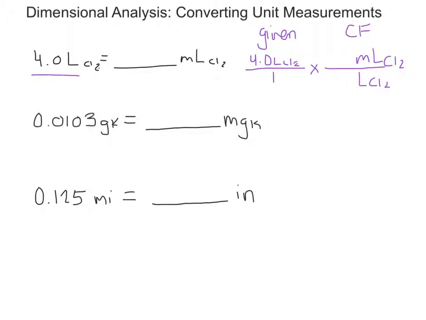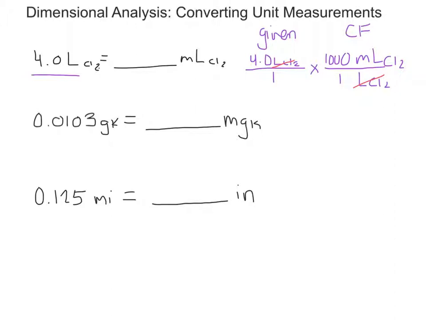So that's what this conversion factor is going to be. There are 1,000 milliliters in 1 liter. So these two values are equal to each other. It may not look like it, but it's because they have different units of measurement that they are equal. So the liters ends up canceling out.